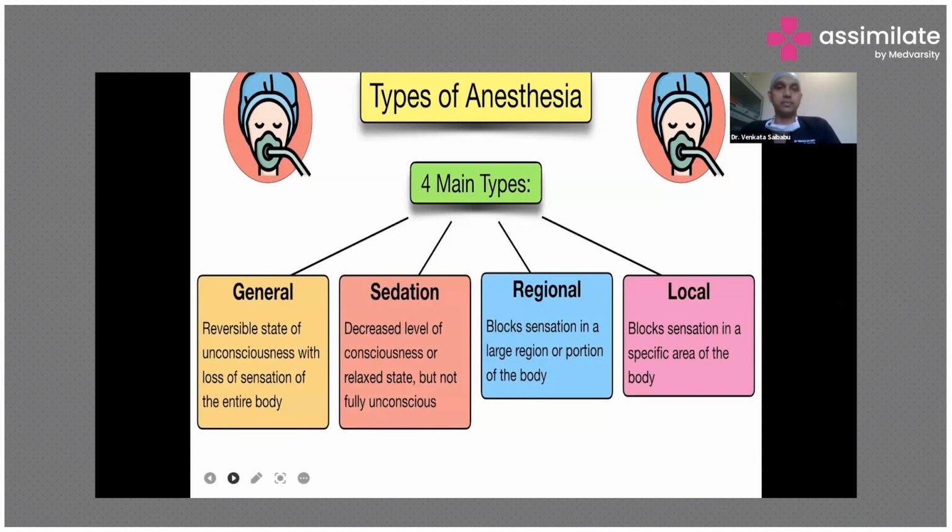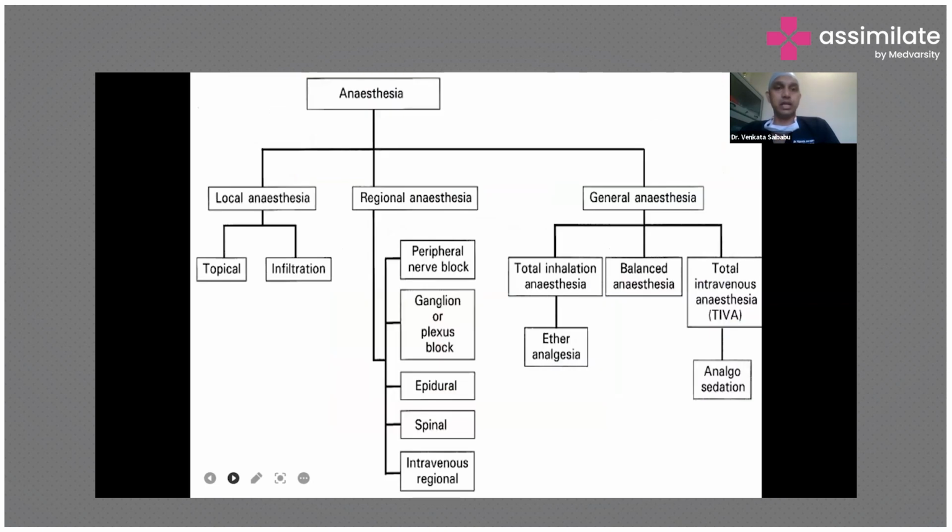So next slide. We'll be seeing the individual types of anesthesia and how they are performed. So again, anesthesia is local, regional, and general. In local anesthesia, there are two types: topical and infiltration. Topical is just application of an ointment. Infiltration is what I mentioned earlier, like giving subcutaneous injections.